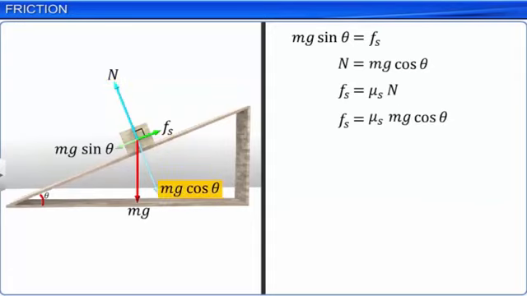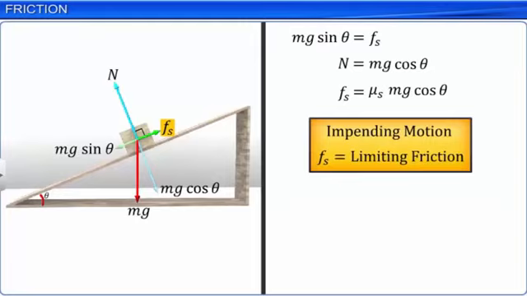As the value of theta increases from minimum, the value of mg sin theta as well as the value of Fs increases till the value of theta is equal to a maximum theta max. At this maximum value of theta, the block tends to move down the plane and experiences impending motion. Then the friction is limiting friction.